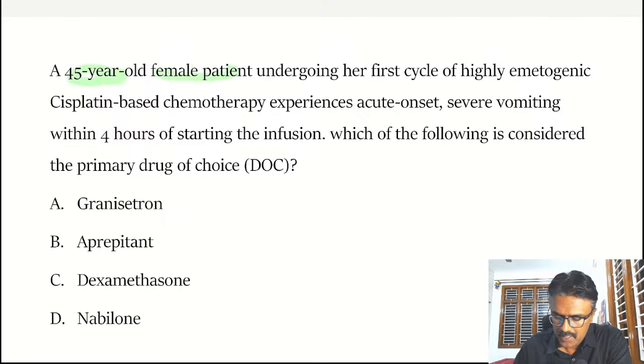A 45-year-old female patient undergoing her first cycle of highly emetogenic cisplatin-based chemotherapy experiences acute onset, severe vomiting within 4 hours of starting the infusion of cisplatin. Which is considered the primary drug of choice in this case? Please answer.